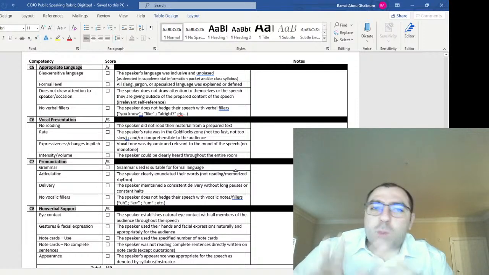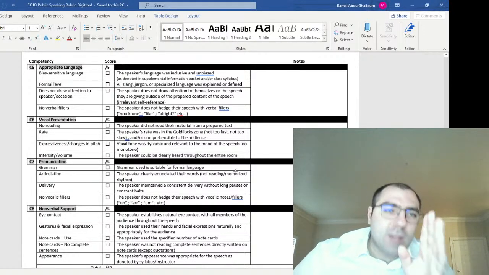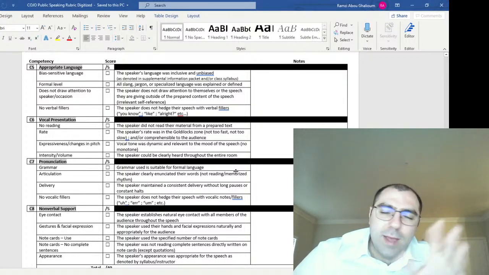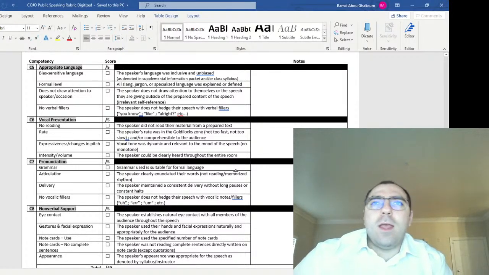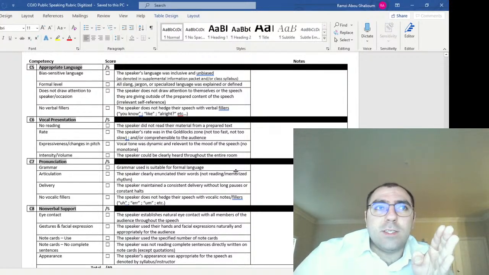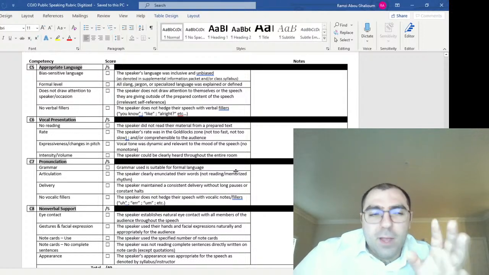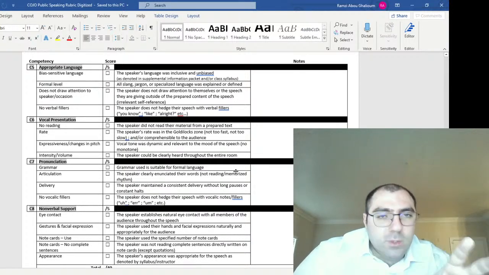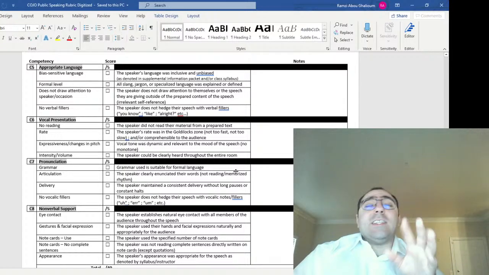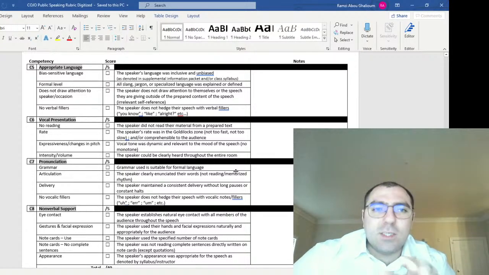So if you're speaking in slang just for the sake of speaking in slang, you're going to get docked a lot of points, not just in these categories, but for preparedness and for writing and all that sort of thing. Okay. However, if you are making good, effective points using slang, because that is the point of what your speech is about, that's fine, all right? Otherwise, in all other circumstances, your speech has to be worded in a formal way.